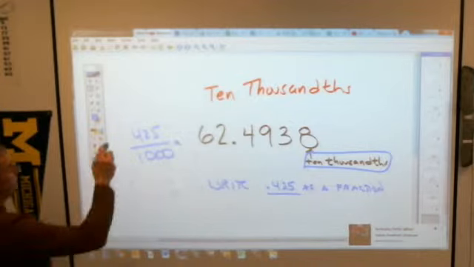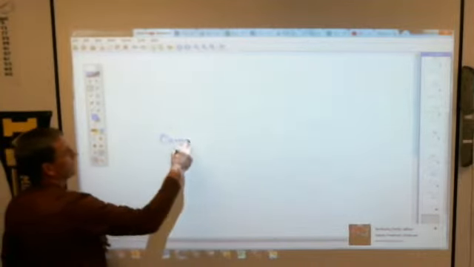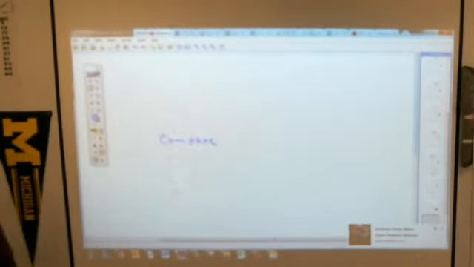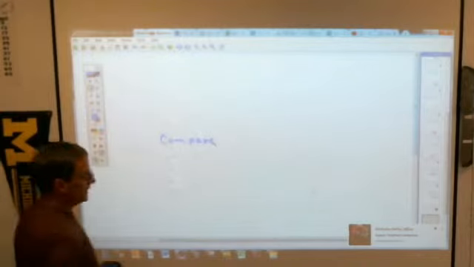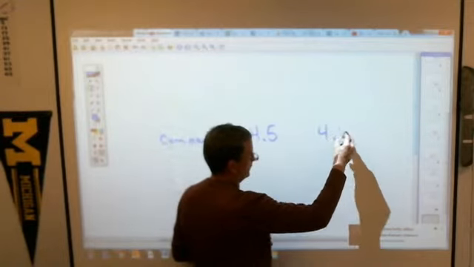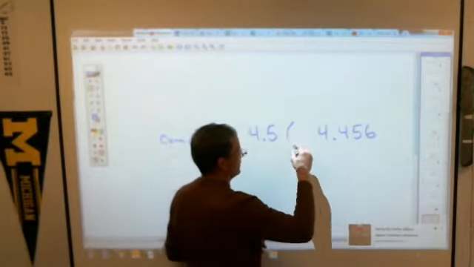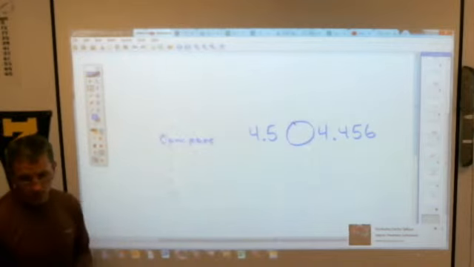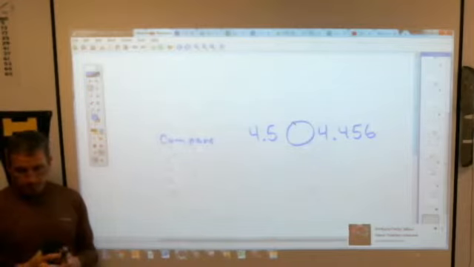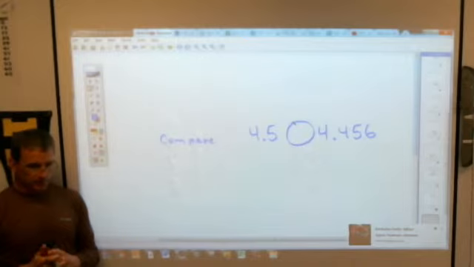Or if you're asked to compare 4.5 to 4.456. If I asked you to compare that, which one is bigger? And why? Jordan, show which one's bigger and why.